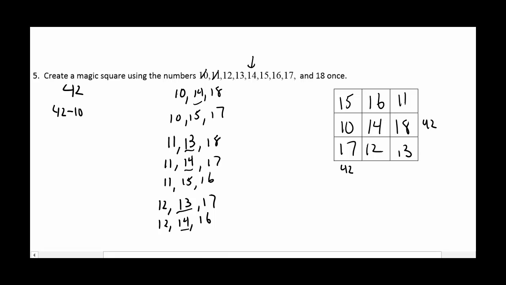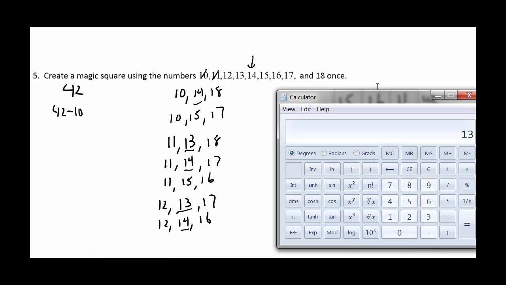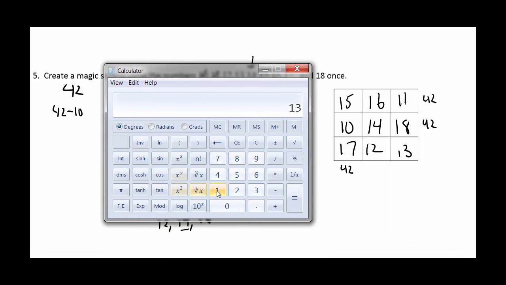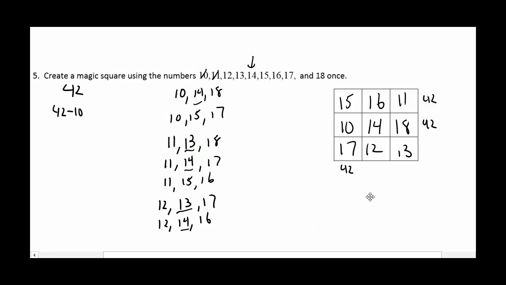So we said 11, 15, and 16. So this part was 42. How about 17, 12, and 13? So let's go across there. 17 plus 12 plus 13, and I get 42.